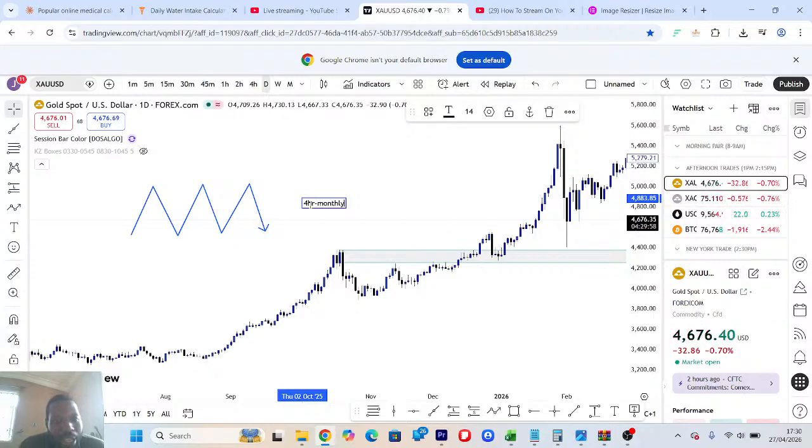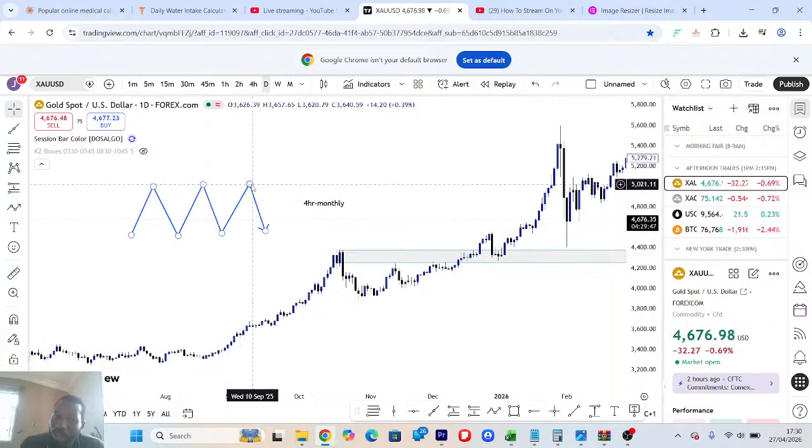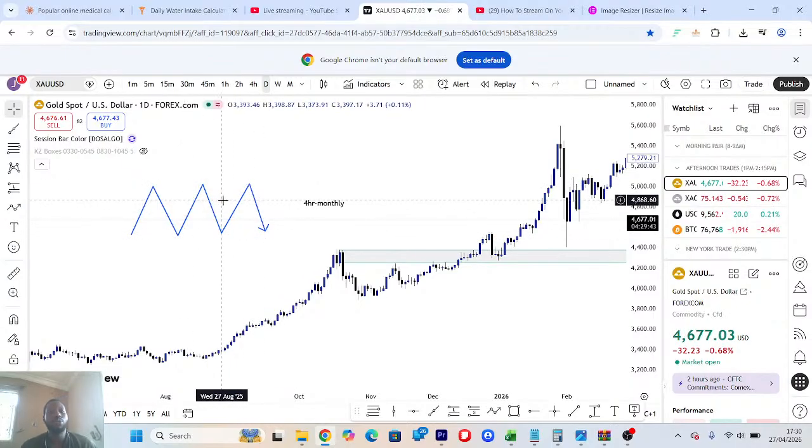The reason being that you don't know how many months it took for the market to move from this level up to this level. So when you know that at a higher time frame there's a consolidation, it's actually very easy for you to trade.